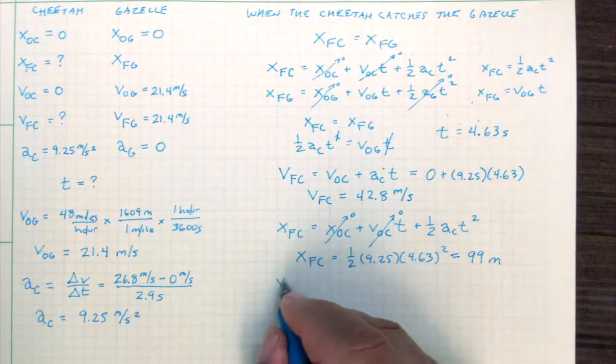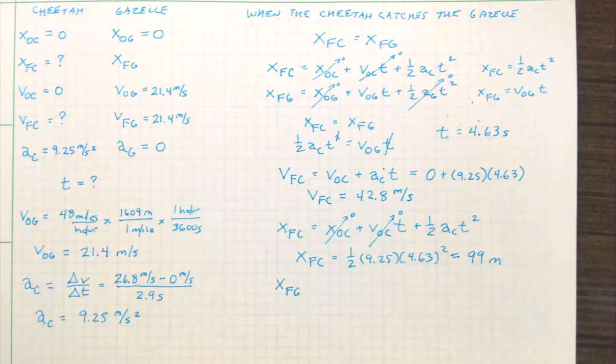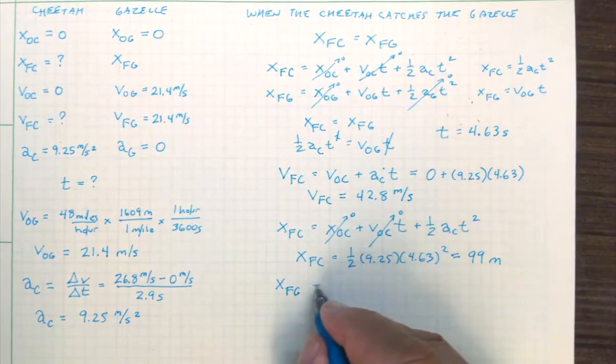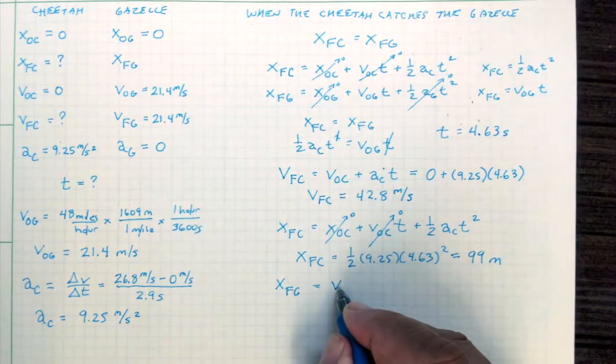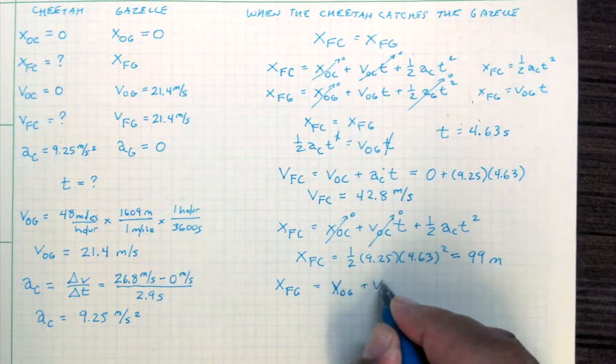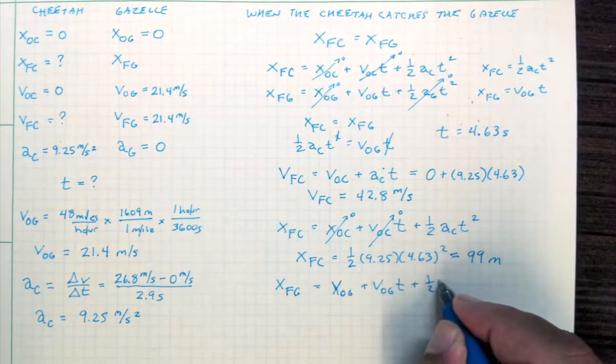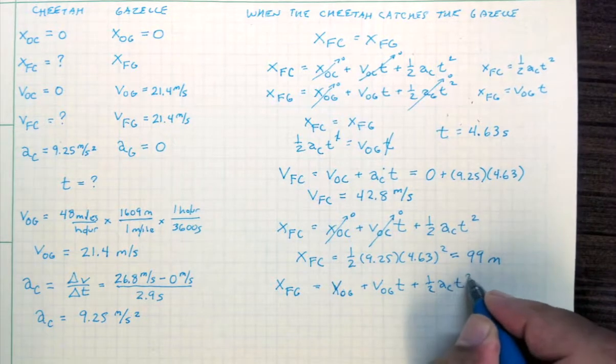We can do likewise to calculate the final position of the gazelle by taking the initial position of the gazelle plus the initial velocity of the gazelle times time plus 1/2 times the acceleration of the gazelle times time squared.